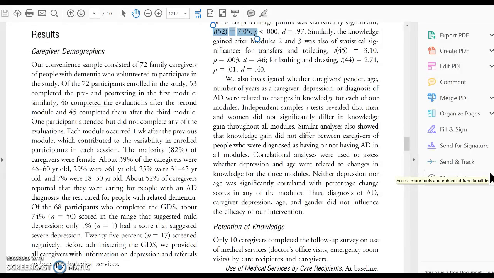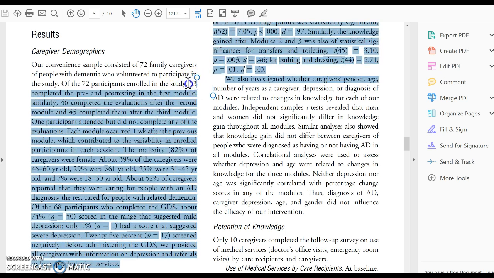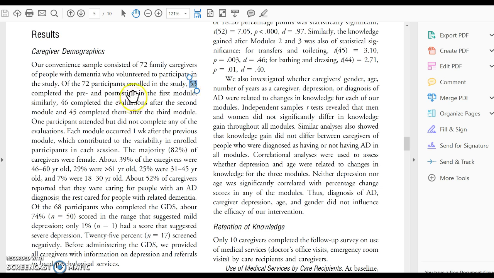Our convenience sample consisted of 72 family caregivers of people with dementia who volunteered to participate in the study. Of the 72 enrolled in the study, 53 completed the pre and post testing in the first module.